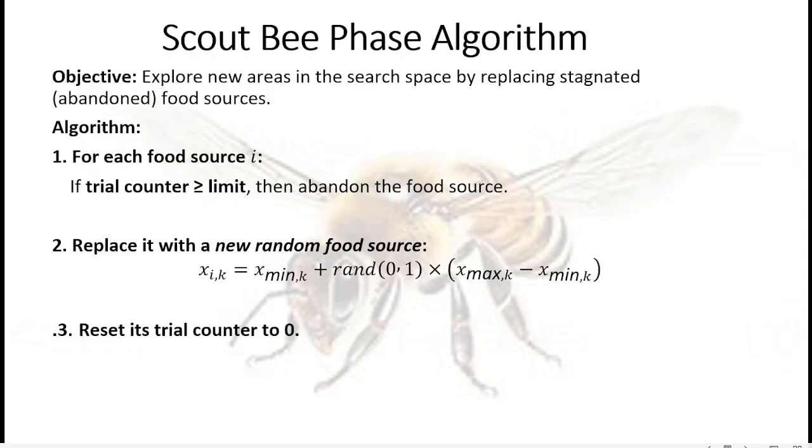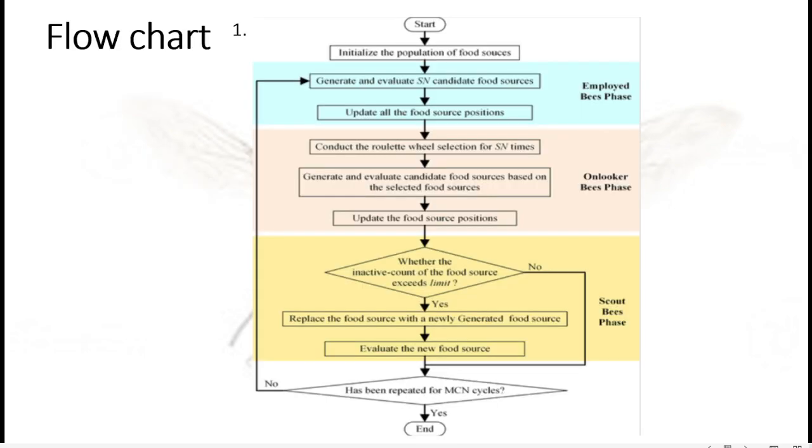Abandon and reset ensures stagnant solutions do not waste further search effort. The third step is to reset its trial counter to 0. So this step prepares the new solution to start fresh within the algorithm's operations. So the next slides will be continued by Ashwath.